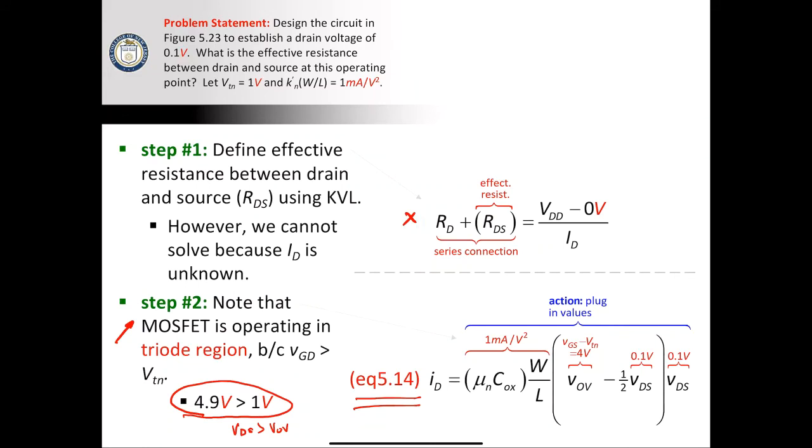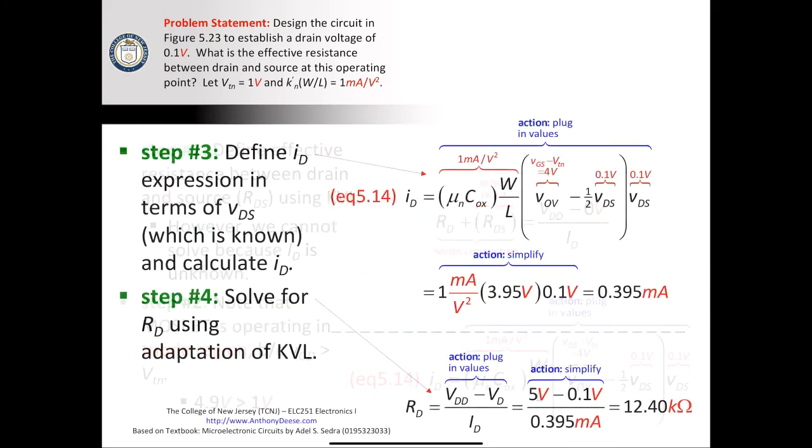Now, a lot of these values are given to us. In fact, all of them are. We know the device transconductance parameter, Kn. We know the overdrive voltage is 4 volts. We know that VDS is 0.1 volts. We just stated all those values, and so we can go ahead and plug those in, and that'll give us a value of ID, which is 0.395 milliamps.